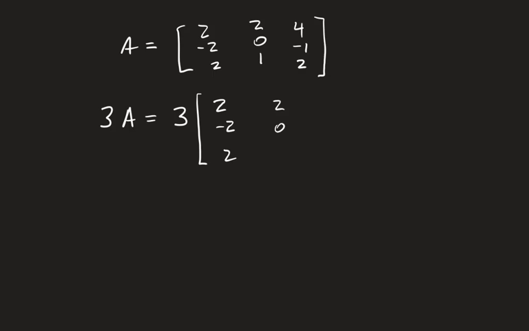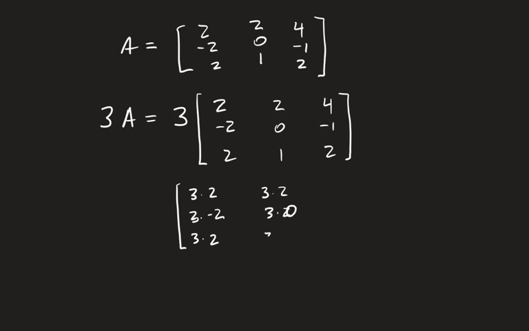So we're going to rewrite the original matrix. And just so you can see the visual of that, that means that I'm going to do 3 times 2, 3 times negative 2, 3 times 2 again, 3 times 2, 3 times 0, 3 times 1, 3 times 4, 3 times negative 1, and 3 times 2.